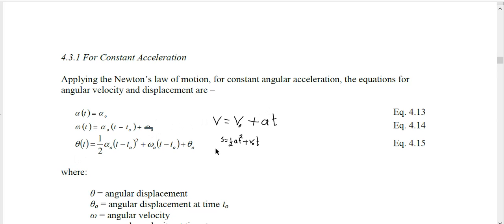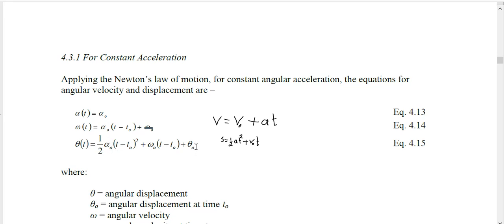Similarly, this equation, similar to what we saw in our linear motion, s equals half a t square plus v naught t. Same thing here. Theta means angular displacement, half alpha t square plus omega naught t.